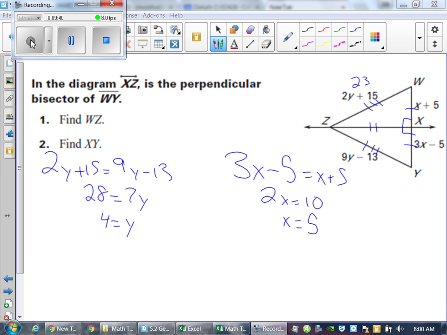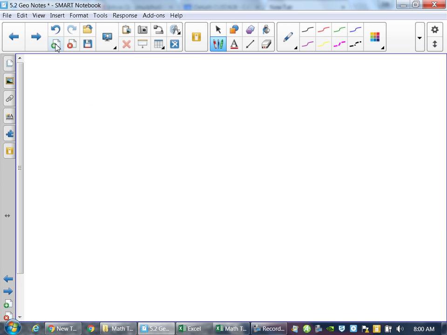Okay. So what happens here now is that we're just talking about being on a perpendicular bisector. If you go back and think about an actual triangle, though, if you have a triangle, how many sides does it have? Three of them.